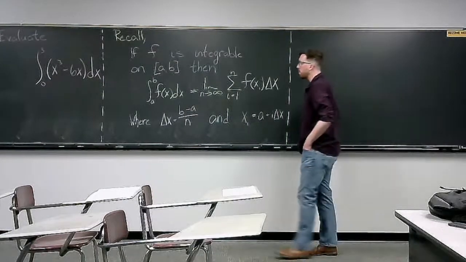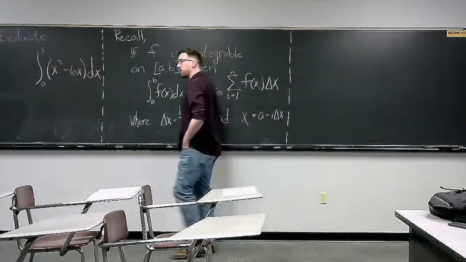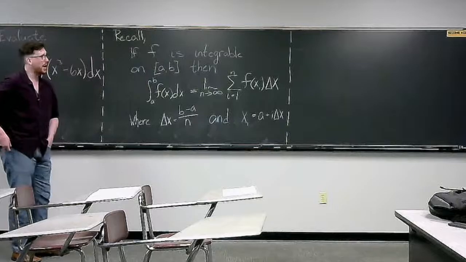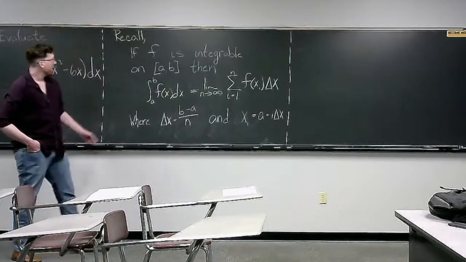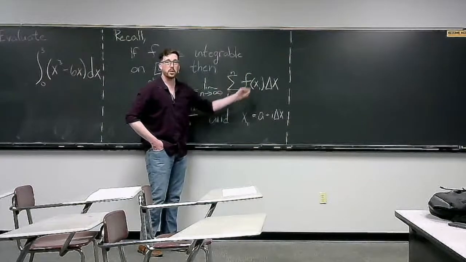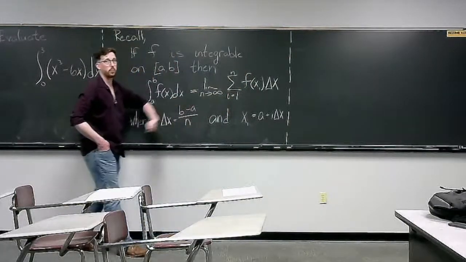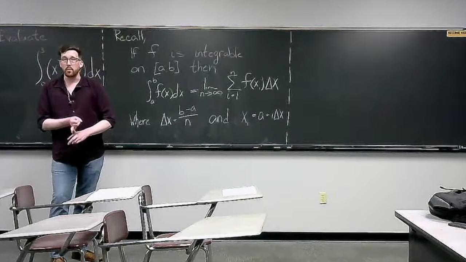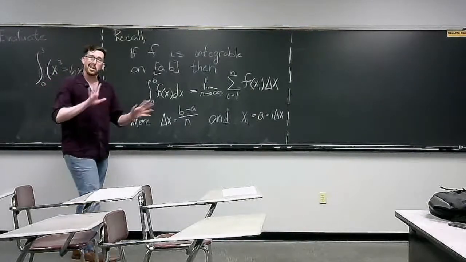In order to do it, let's recall from the last lecture that if our function is integrable on some interval from A to B, then this definite integral is going to be equal to this Riemann sum, this right-hand Riemann sum. Now remember, we could use the left Riemann sum, the right Riemann sum, or the midpoint rule.